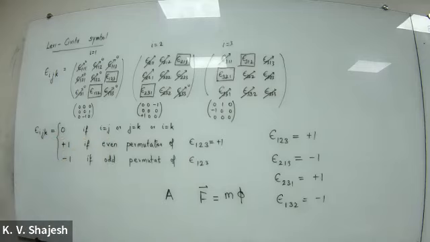So j and k have to be 2 or 3. And again, 2 and 3 cannot repeat. So there are only 2 possibilities. So this has to be equal to epsilon 1, 2, 3 times A2B3 plus epsilon 1, 3, 2 A3B2. Is that clear how I went from this to this?